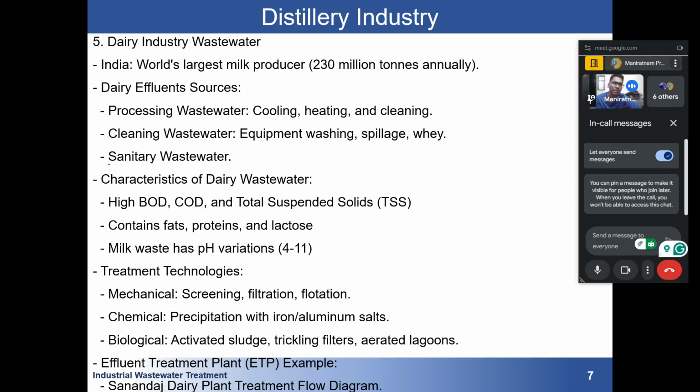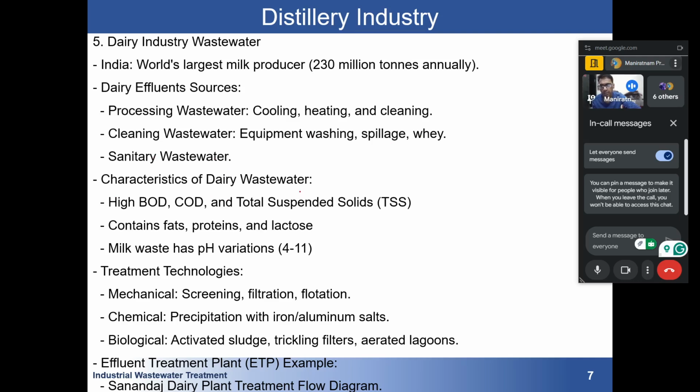Finally, we have the dairy industry, that is the milk industry. We know India is the world's largest milk producer, with around 230 million tons of milk produced annually. Wastewater comes from processing, cooling, heating, equipment cleaning, spillage, and sanitary wastewater.